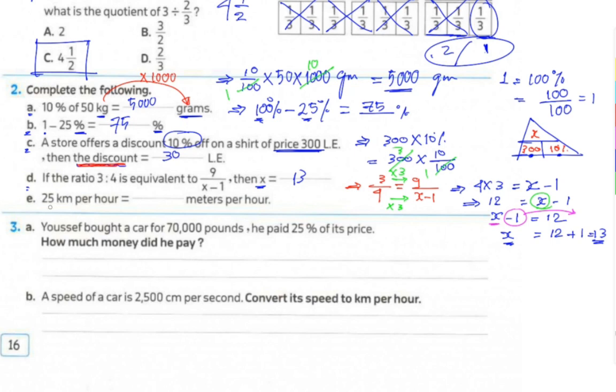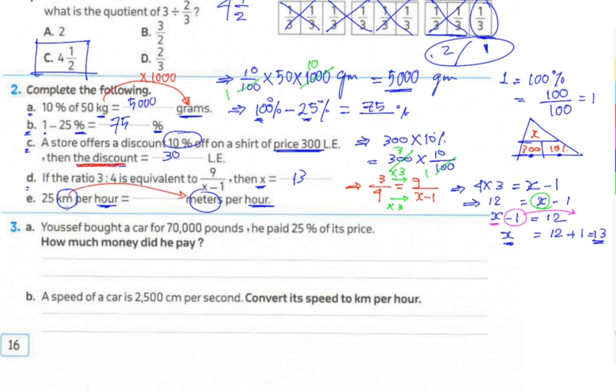Next, 0.25 kilometer per hour equals what meters per hour? Note with me, here we have hour and hour. That's okay, no problem. But kilometers becomes meters. How to convert kilometers to meters?